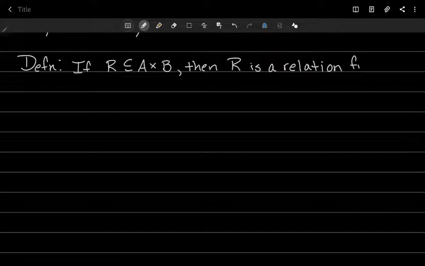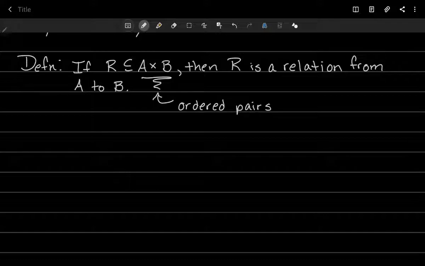It's that easy. If you don't remember what that A cross B means, you'll want to review the Cartesian product of sets. Okay. So what we're seeing here is that R, to be a relation, just has to be a subset of A cross B. What do the elements of A cross B look like? Those are ordered pairs. So that means our relations can be written as ordered pairs.